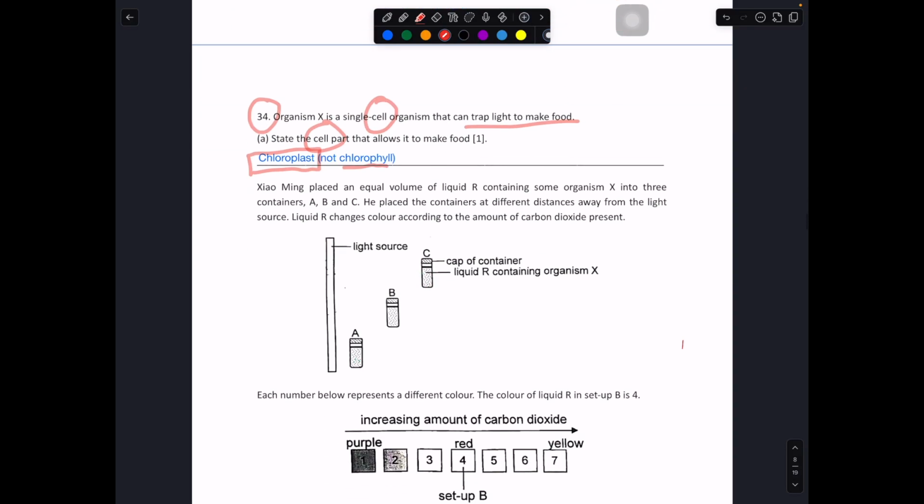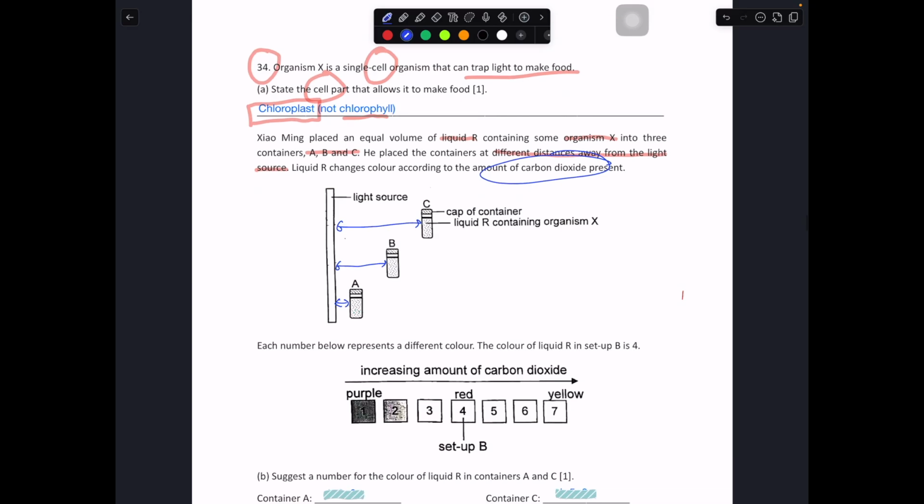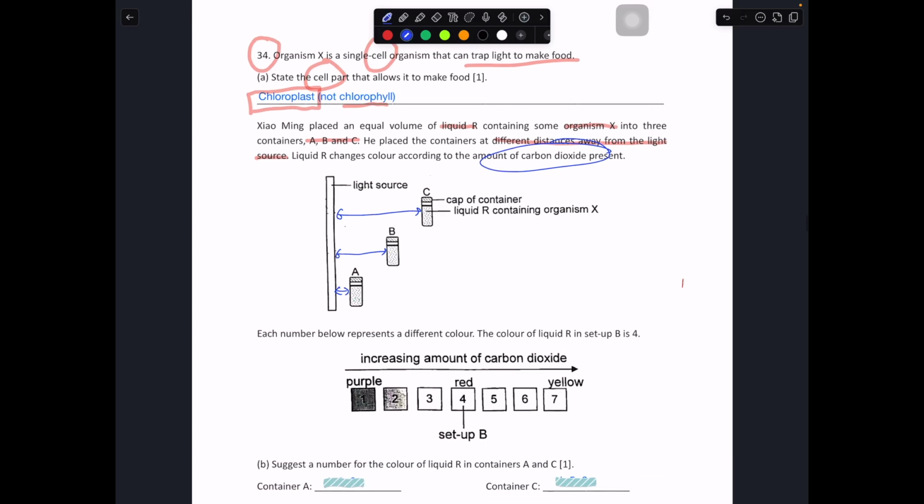Okay, so Xiaoming placed equal volumes of liquid R containing some X into 3 containers A, B, C. He placed the containers at different distances away from the light source. Liquid R changes color according to the amount of carbon dioxide present in the container that is trapped within X, and they are exposed to light.